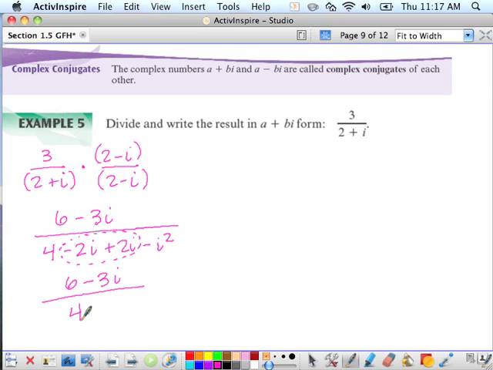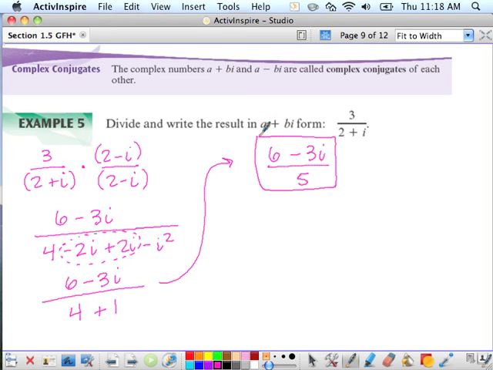Well, minus i squared really is minus negative 1. So that is really plus 1. So here we are now. We have 6 minus 3i over 5. Nothing will reduce. We have a 6, a 3, and a 5, and they don't have a common factor.